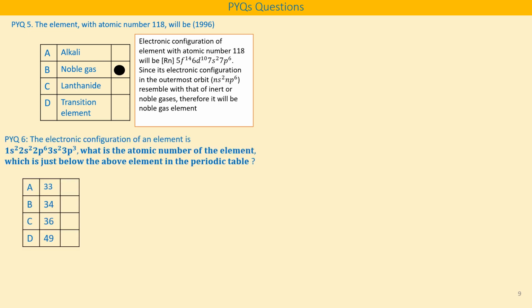Next question. The electronic configuration of an element is 1s2, 2s2, 2p6, 3s2 and 3p3. What is the atomic number of the element which is just below the above element in the periodic table?